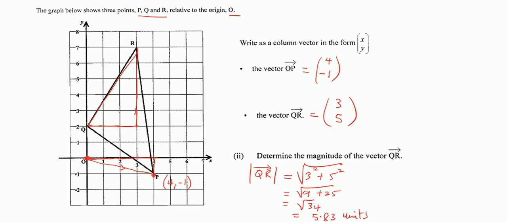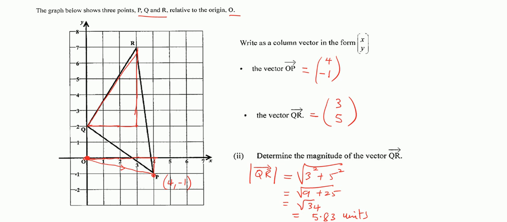Pretty straightforward. Then this next part now, third part, they say draw the vector OS, which is 7, 4. So they told us that OS is equal to 7, 4. What this means is that we start at the point O, and we are going 7 across.